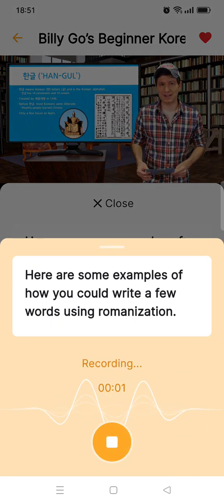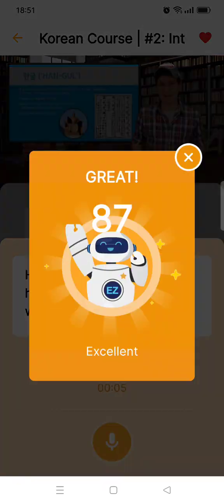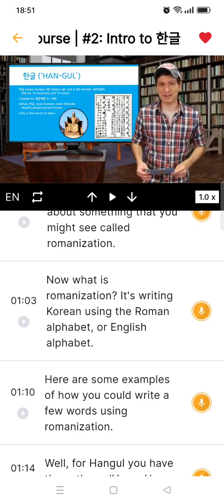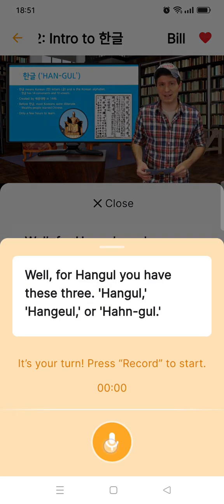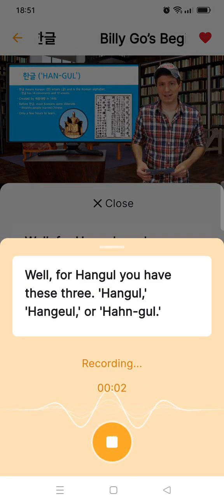Here are some examples of how you could write a few words using romanization. Well, for Hangul you have these three: Hangul, Hangul, or Hangul.